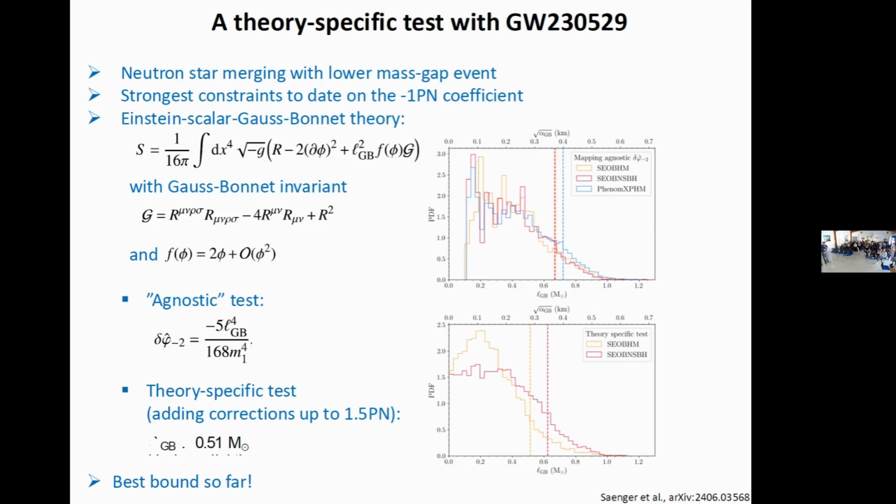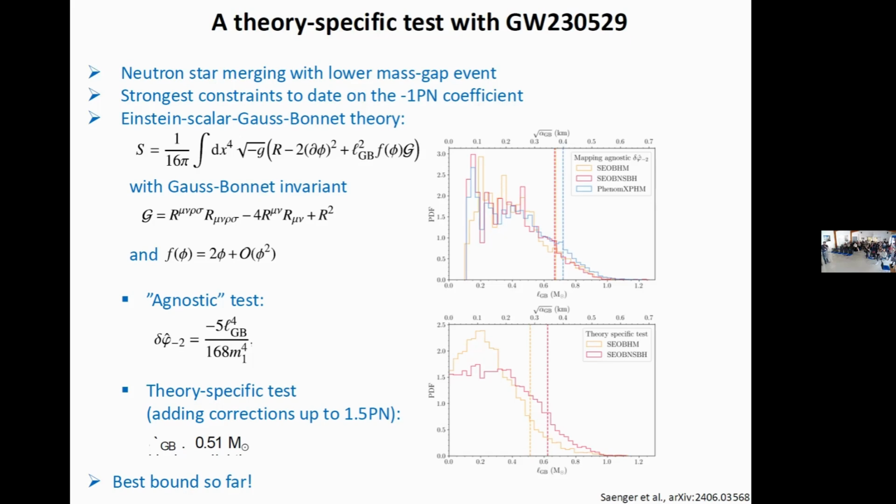This gave us the strongest constraint to date on the -1 post-Newtonian coefficient. So other than the coefficients that appear in general relativity, you can also have negative ones that would be new. There is a particular theory, Einstein-scalar-Gauss-Bonnet theory, that will give you such corrections, but also higher order ones.